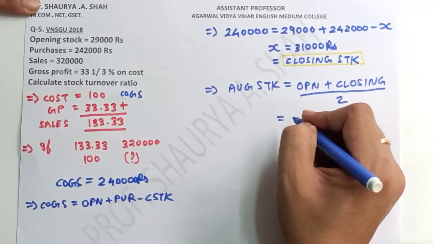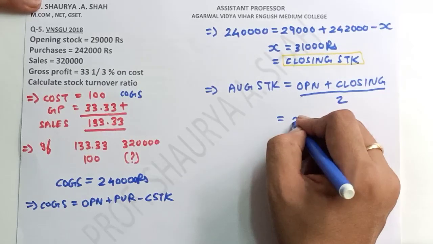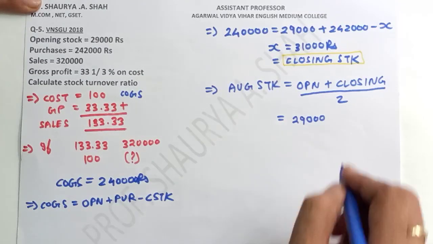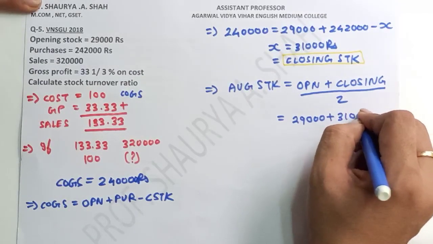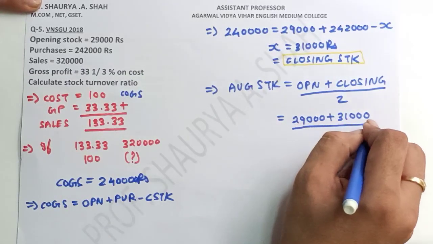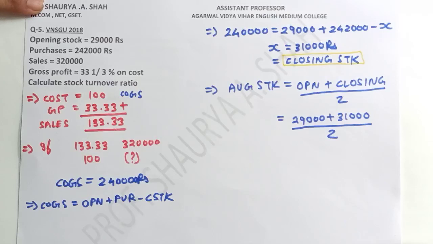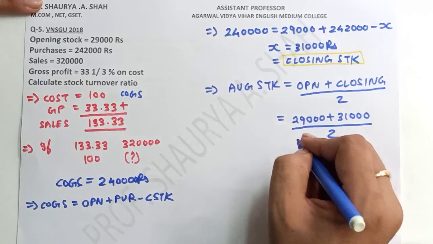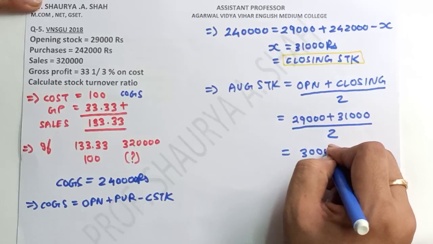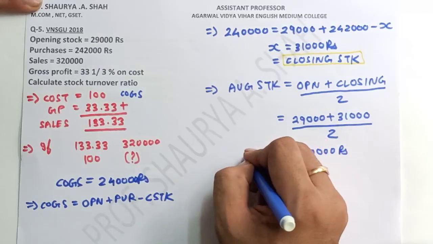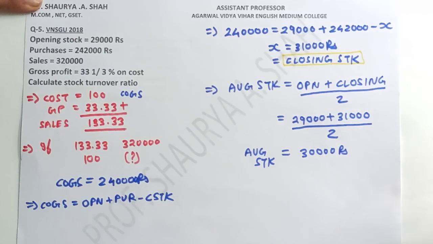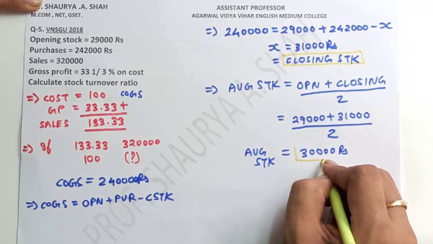So opening stock is 29,000, closing stock, just now I found out, 31,000, divided by 2. So that will give me the answer of 30,000 as average stock.